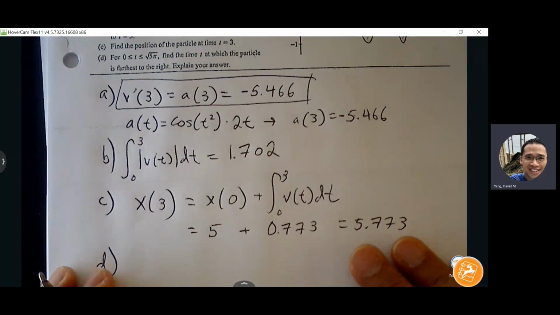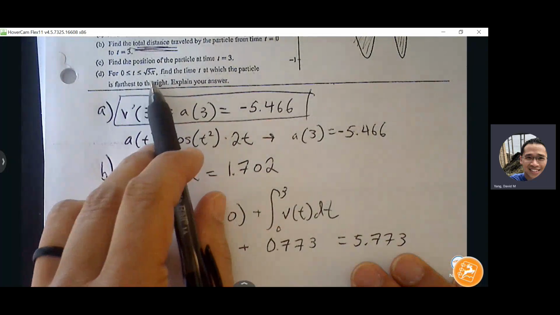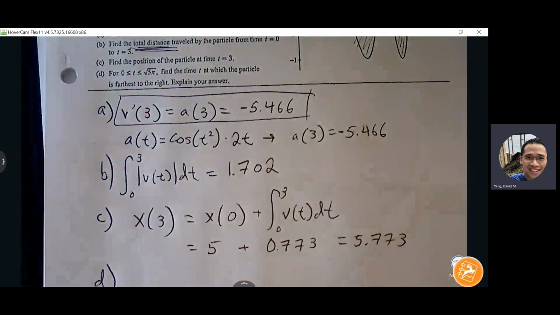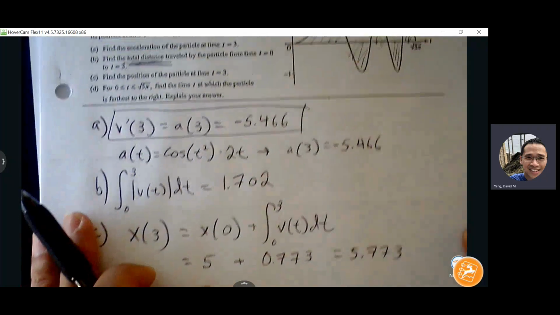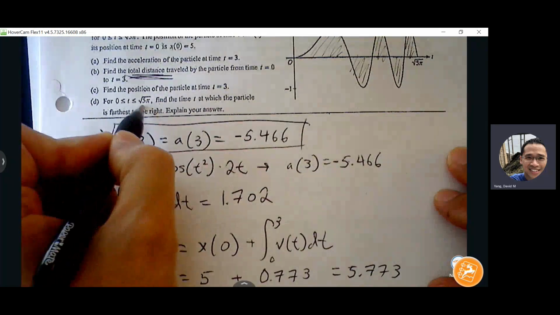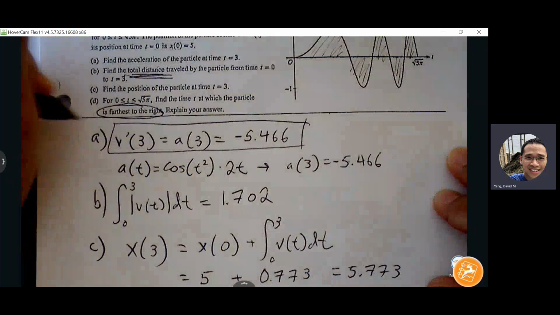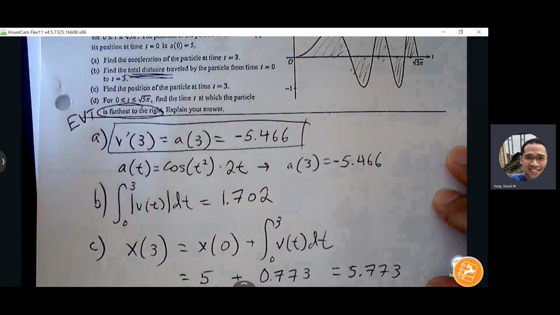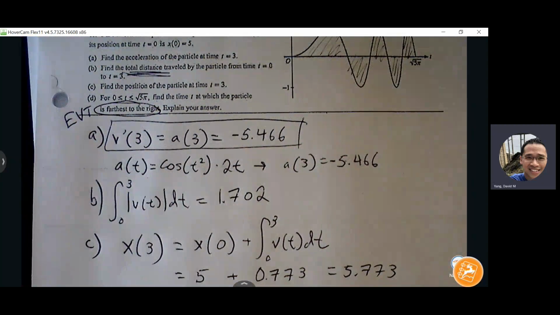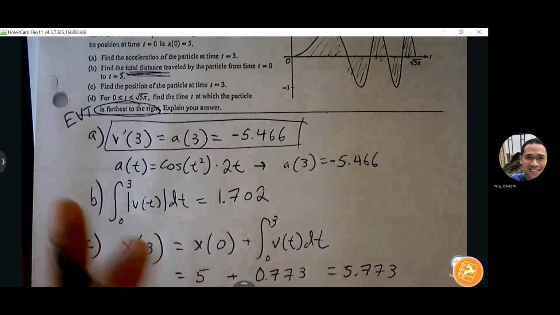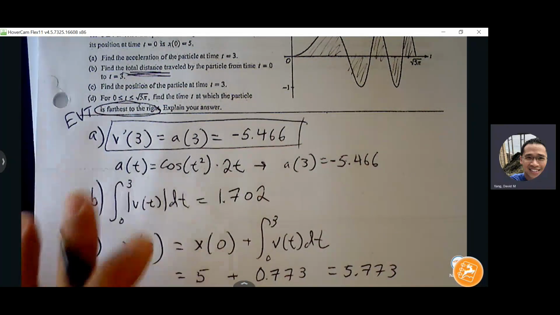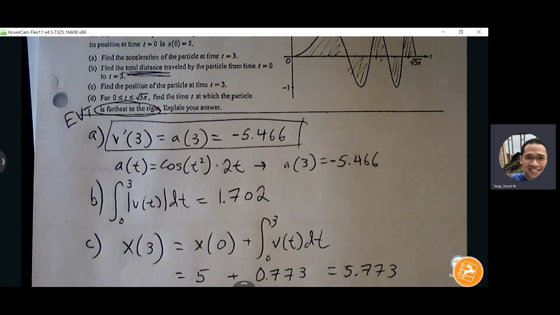Part D, between 0 and root 5 pi, find the time at which the particle is furthest to the right. So this is basically applying EVT. You want to find the largest positive value, because the largest negative value will be furthest to the left.